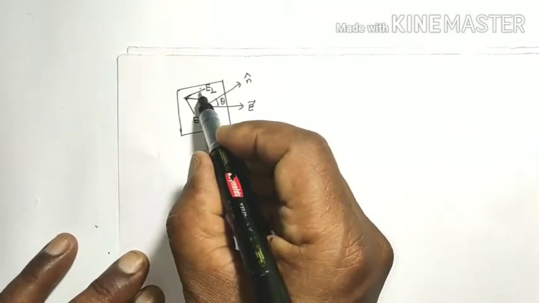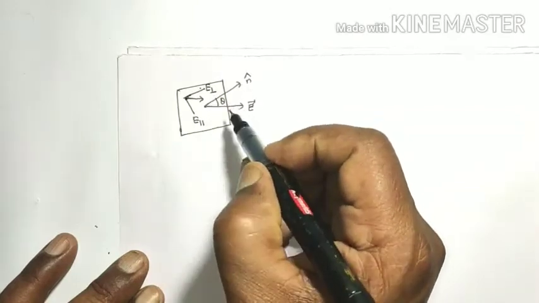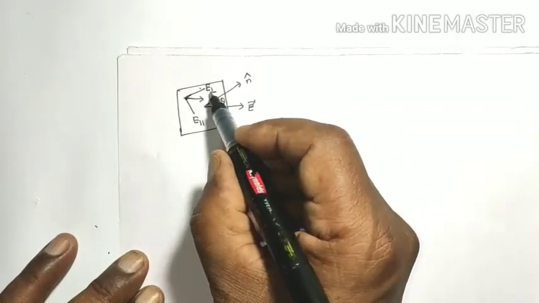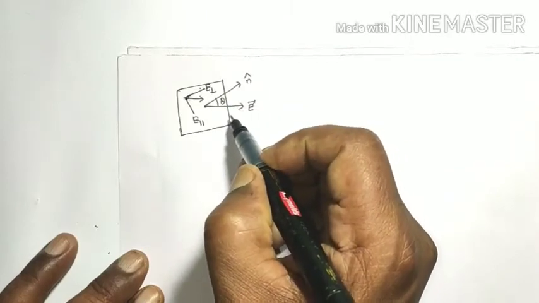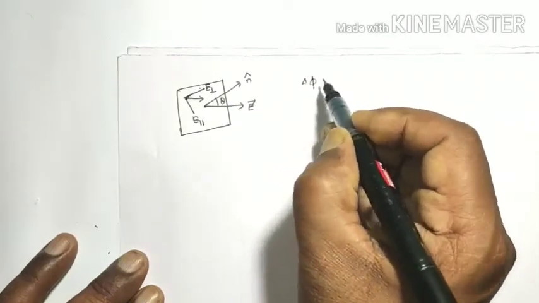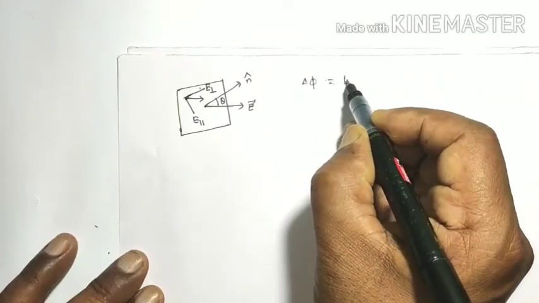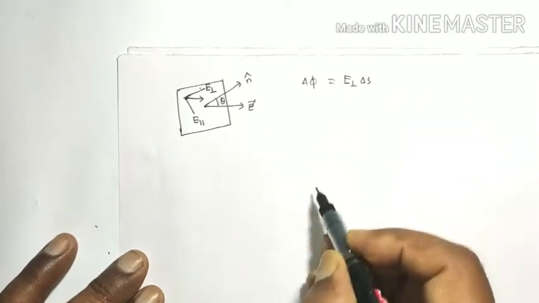So we take the normal component that is along the direction of n cap. So E normal into delta S, that gives the electric flux delta phi equal to E perpendicular into delta S.